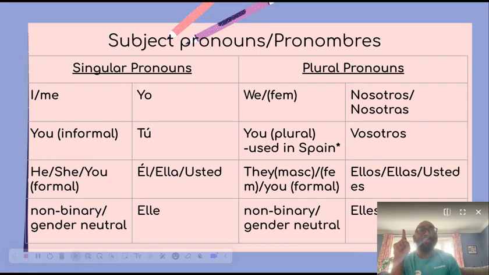On the right side are plural pronouns: nosotros o nosotras, vosotros, vosotras, only used in Spain, ellos, ellas, ustedes, and ellas are going to be our pronouns we use when we talk about two or more people. Let's take a closer look.